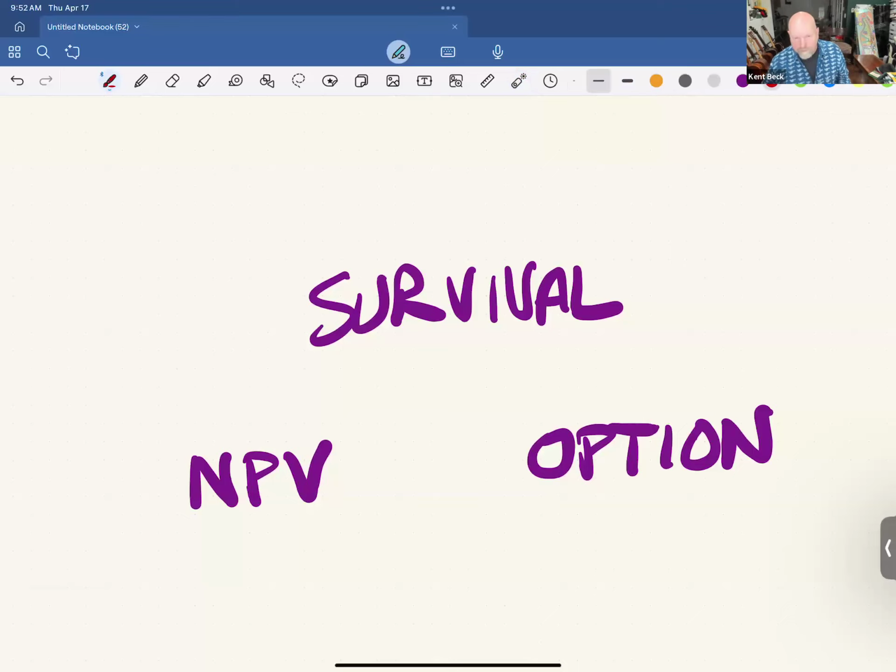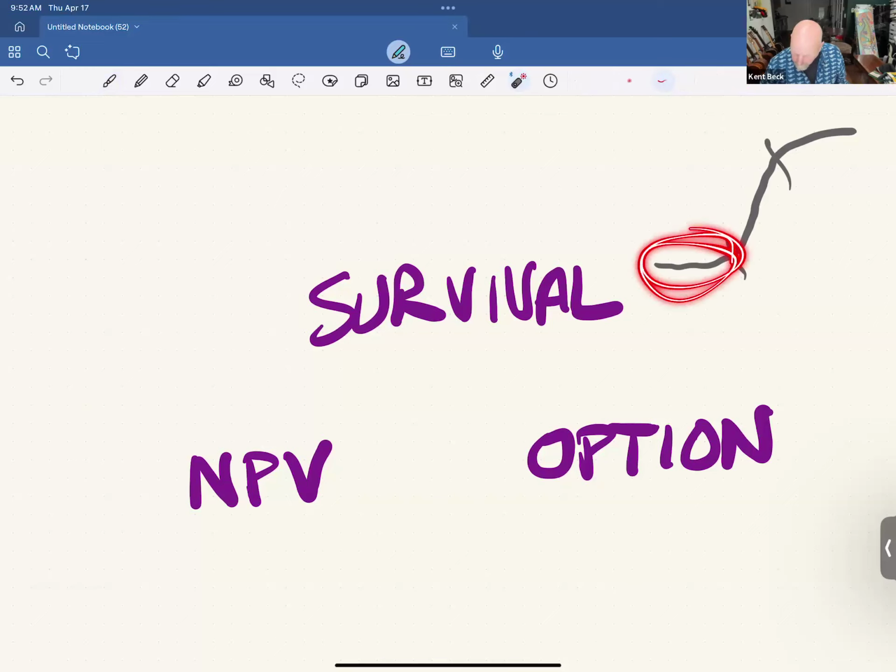I have this model called 3X, which talks about how in any kind of S-shaped growth curve, this logistic curve, how you behave down here should be completely different from how you behave here, which is completely different from how you behave up at the top.